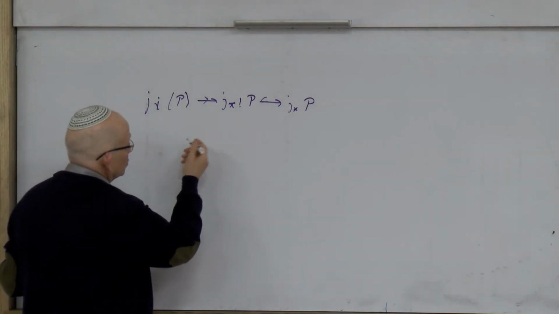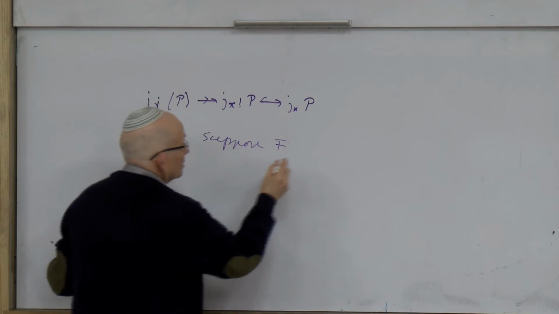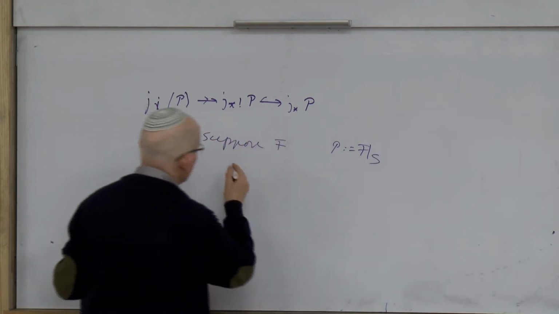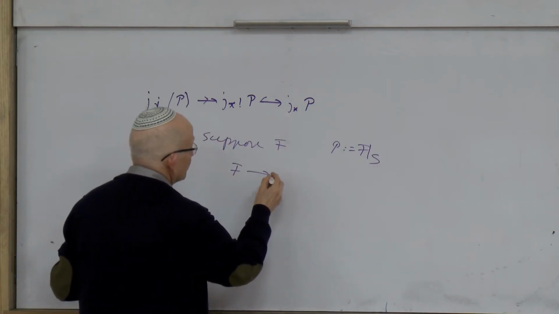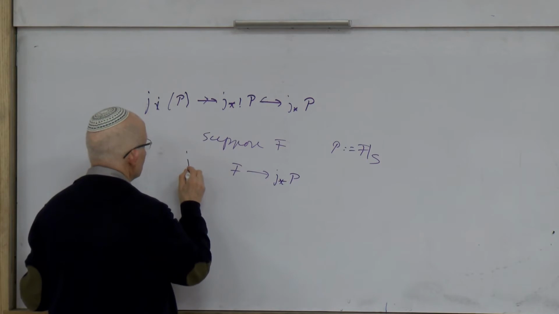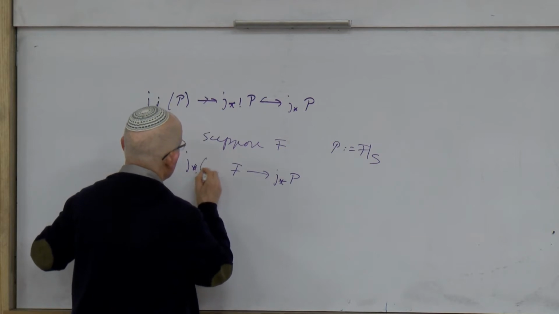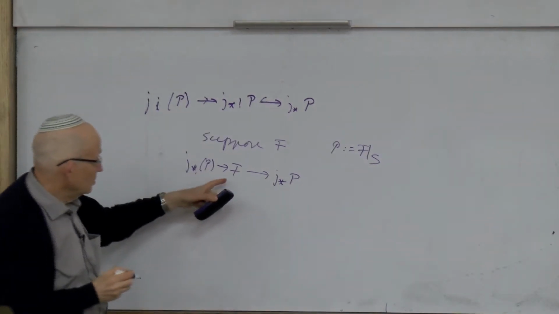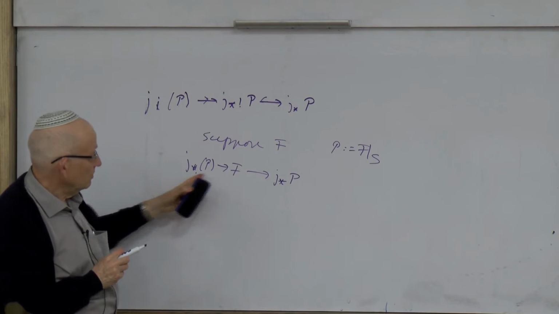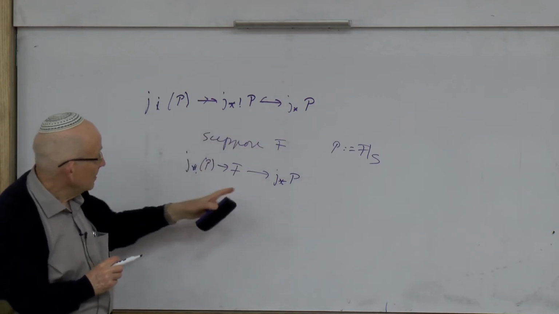Now, conversely, suppose we have some f, and we put P equal to f restricted to S. Then f is mapped into J star P and is mapped from J shriek P. By adjunction, since f restricted to S is equal to P, you have a morphism here and a morphism here, and this is the standard embedding.